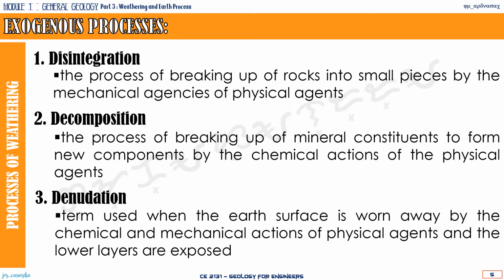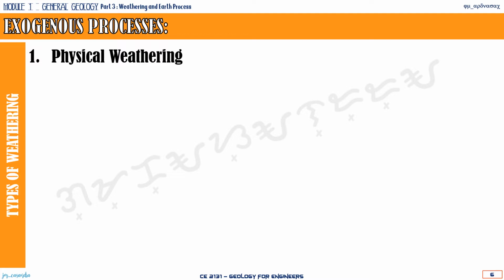So, to understand the different types of weathering and the processes that we have mentioned, let's start with the first type, which is what we call physical weathering.